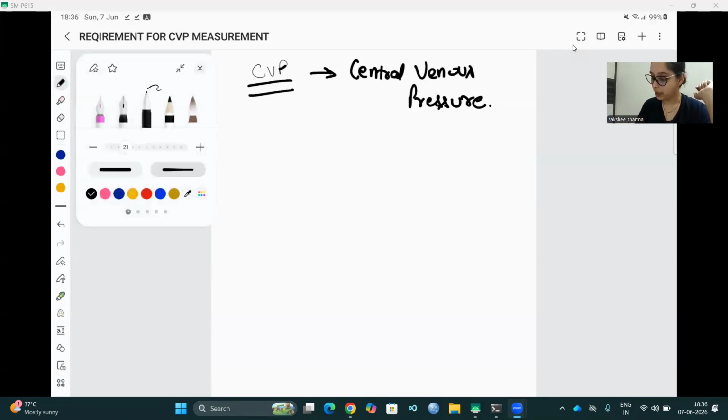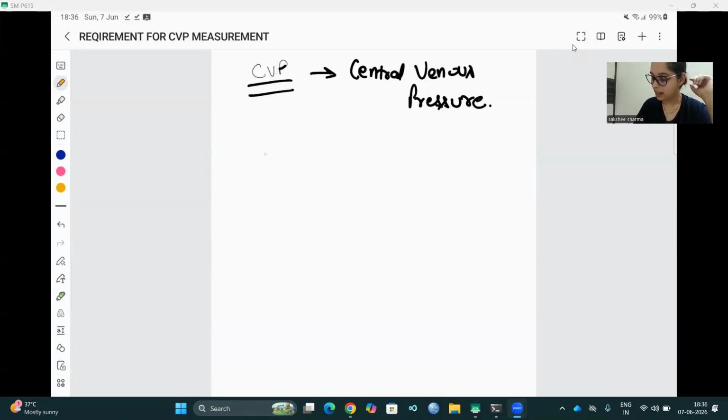Okay, so let's try and make our own heart. We have right atrium, right ventricle, left atrium and left ventricle, right?